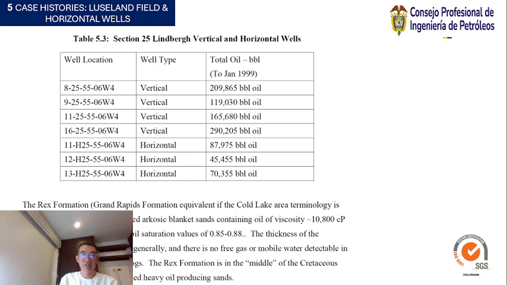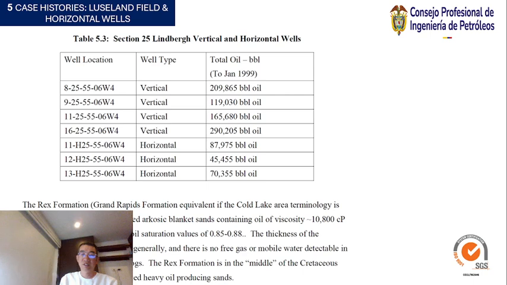It is a Cretaceous fine green, aquatic blanket sand containing oil of viscosity about 10,800 cP under reservoir conditions with oil saturation values of 0.85 to 0.88.